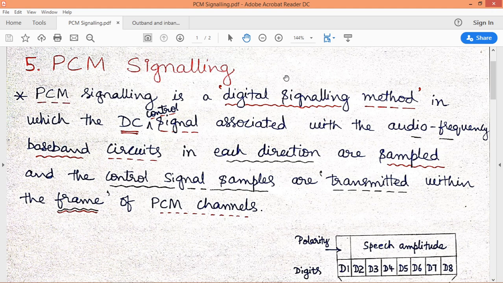carrier system, where we insert signals at different time slots and all those signals are transferred over a particular channel. We know what pulse code modulation is.